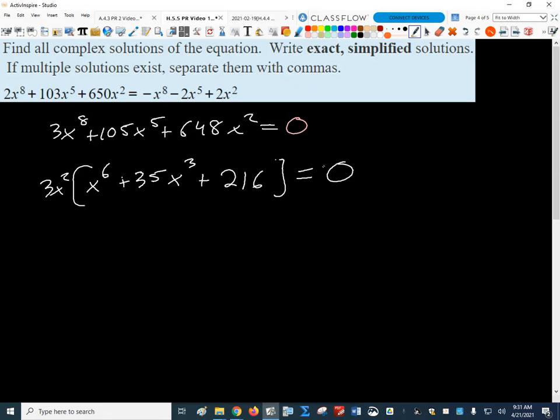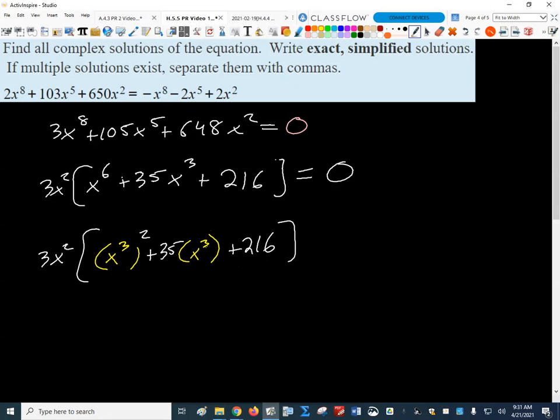Good. So we get 3x squared times, we're going to pick some packets here so that we can get something squared plus 35 times something to the 1 plus 216. So it looks quadratic, and the something is x cubed, right? Okay, now that's good.